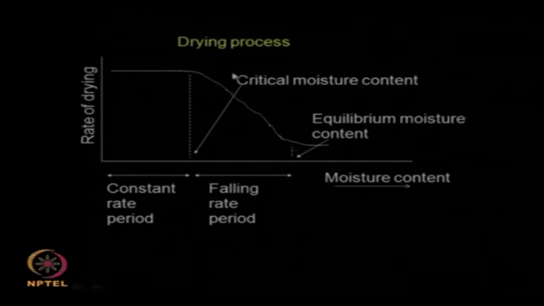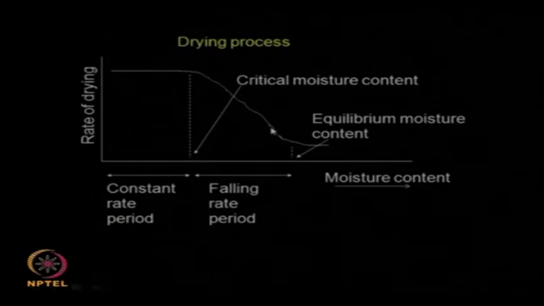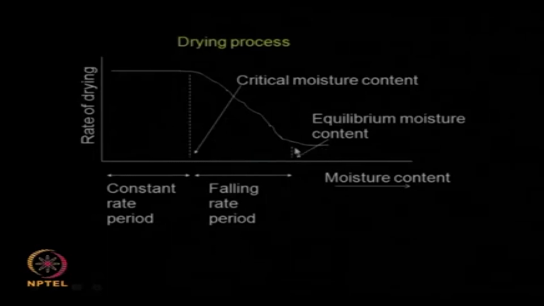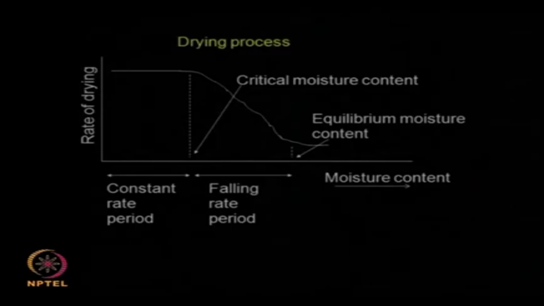So initially you have a constant rate period and then the rate of drying falls as a function of time. Finally the amount of moisture present in the solid reaches an equilibrium value with the surrounding air, which contains a certain relative humidity. This particular moisture content is called the equilibrium moisture content.